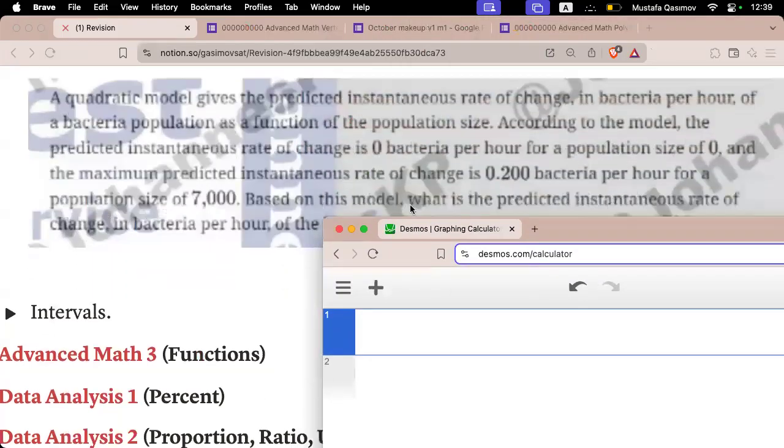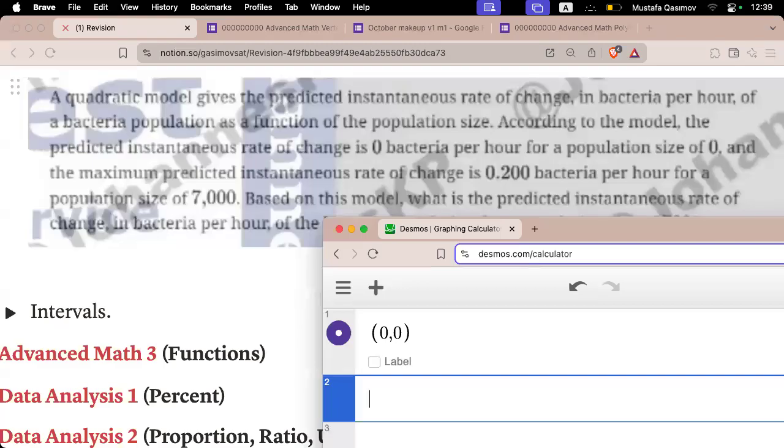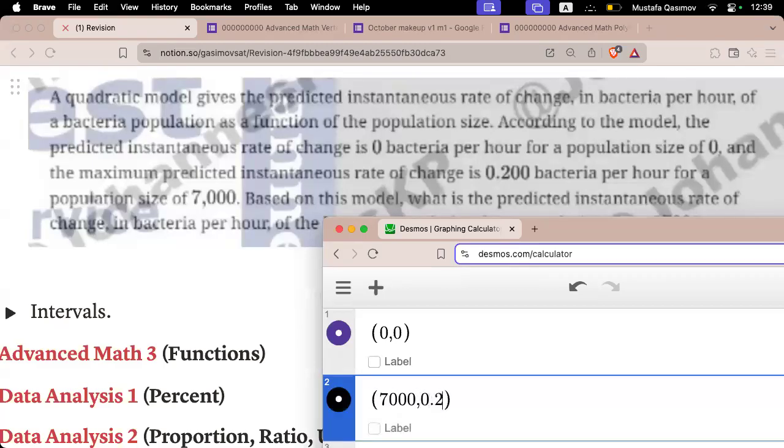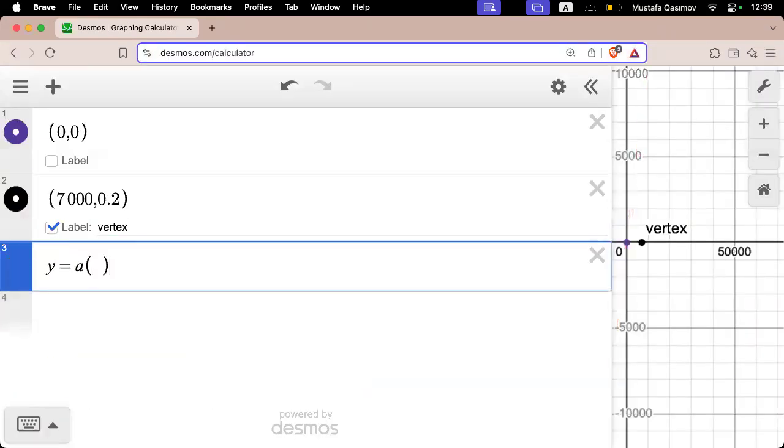After identifying, we have the 0 point. And we have the 7,000 and 0.2 point, which is the vertex. We can find this equation just using vertex form.